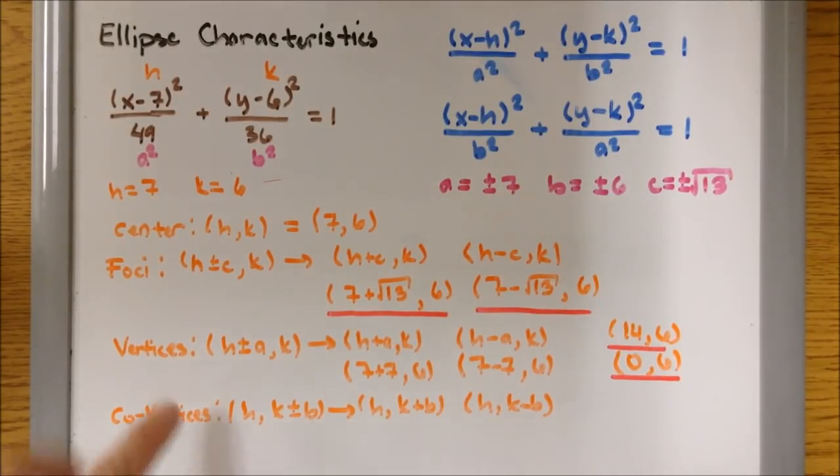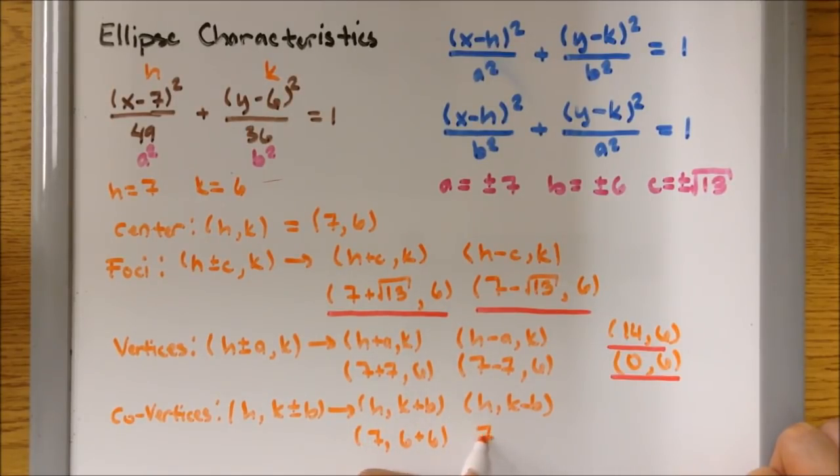Alright, so we're going to plug in the h, k, and b values. So 7 comma 6 plus 6, and then 7 here, 6 minus 6.